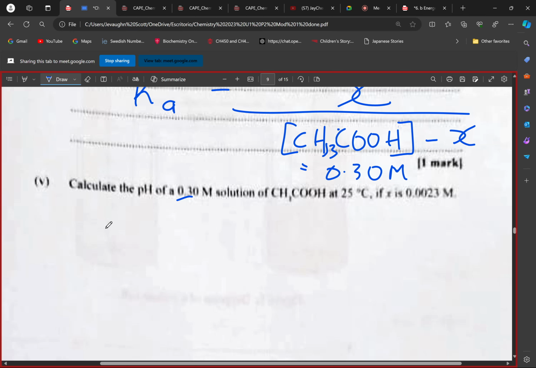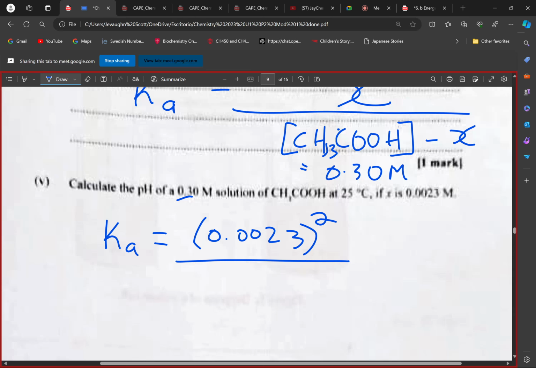So what we're looking at now is that the Ka itself is going to be 0.0023 squared divided by 0.30 minus the 0.0023.